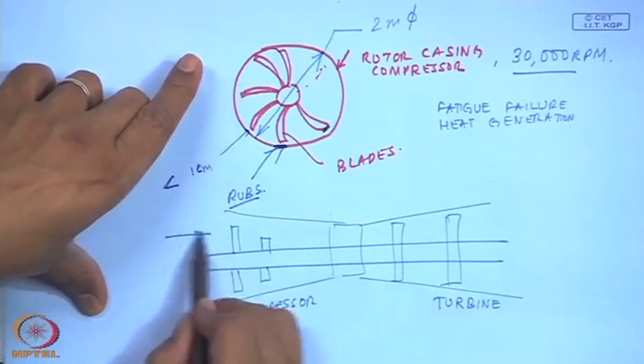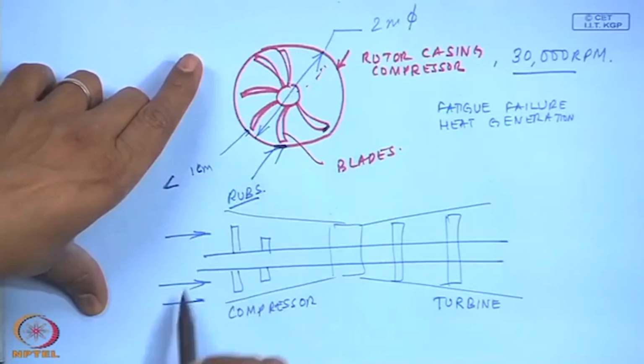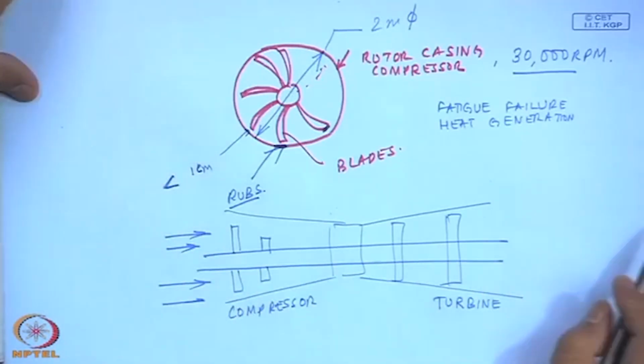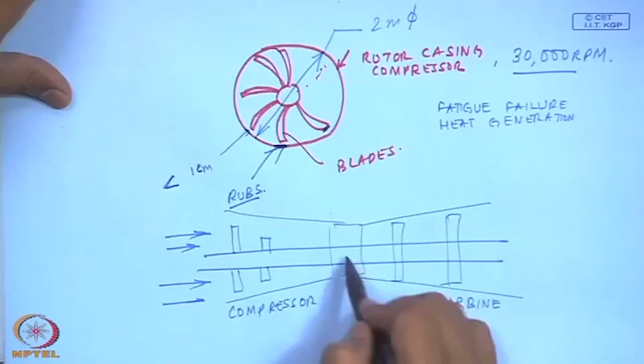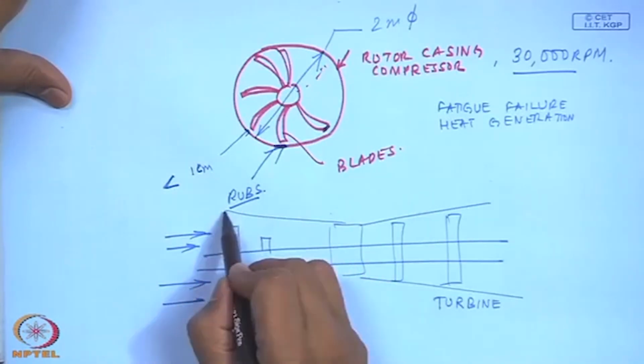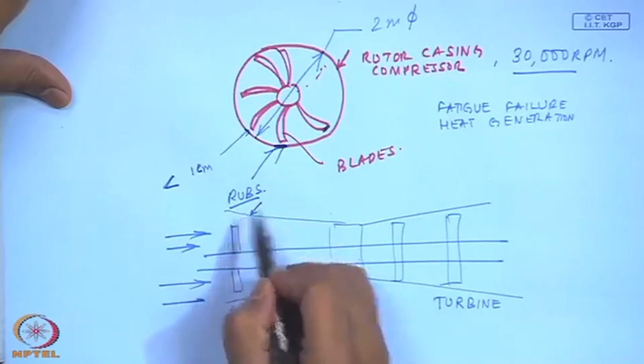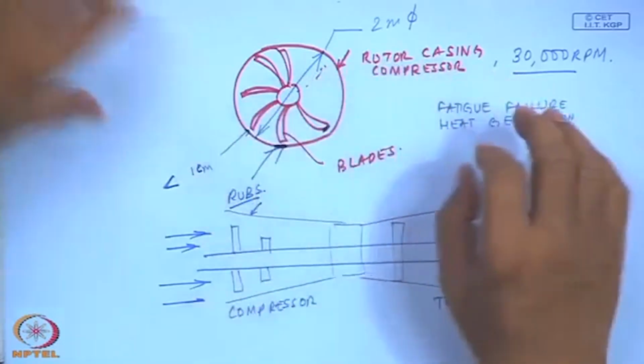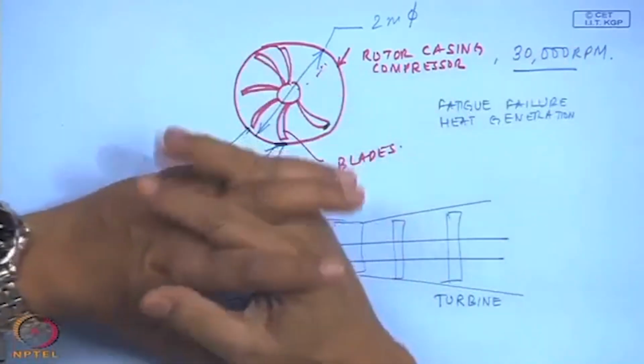So, I will have air flowing in, and then combustion and the exhaust gas, and that gives the thrust. But imagine if these casings touch against each other. So, we should avoid this. Maybe in the class of turbines I will show you a picture of how these compressor blades look like and how close they are. So, this has to be taken care of.